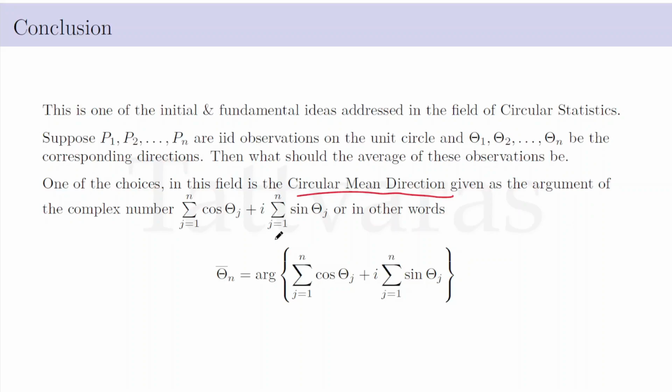So as you all can understand, basically we are just adding the y coordinates and the x coordinates. And the x coordinates are the sum of the cosines of each angle, and the y coordinates are the sum of the sines of each angle. Now that will give us the x and y coordinate, and we have to find out the argument of that point. So in terms of complex numbers also, we can define it as the argument of this complex number. So that will give us the mean circular direction.